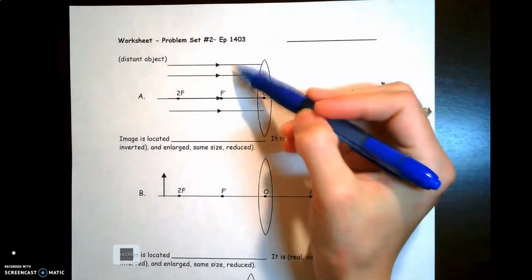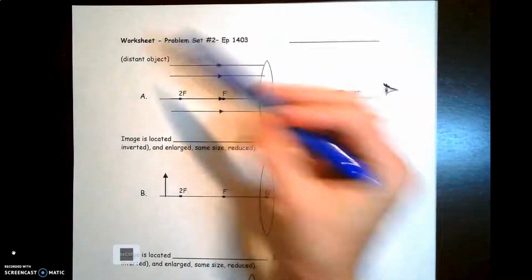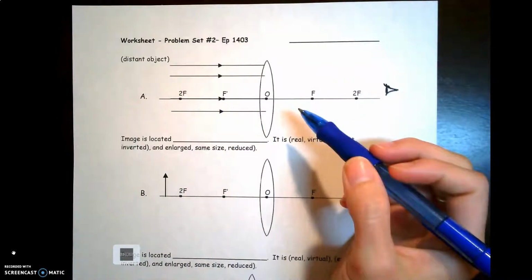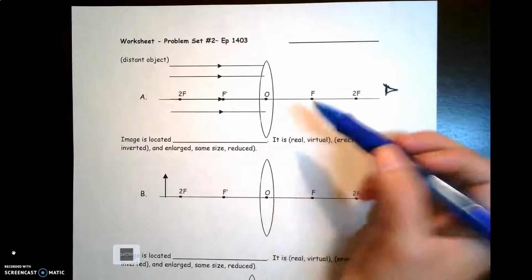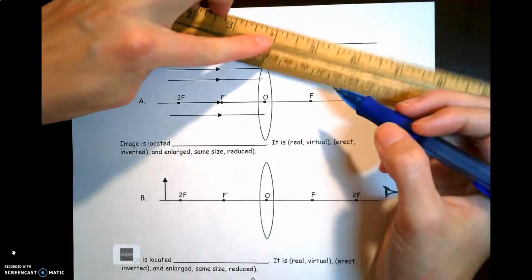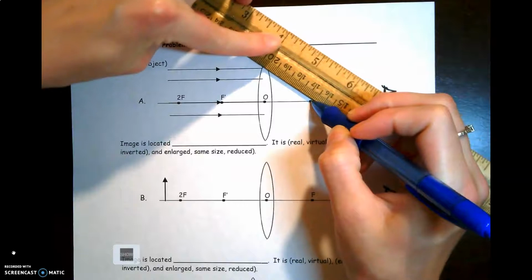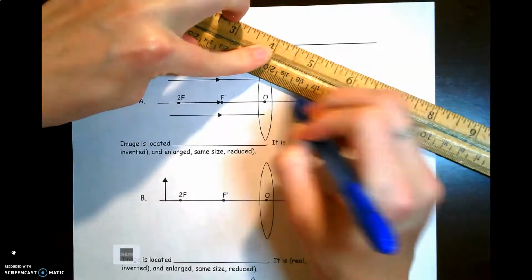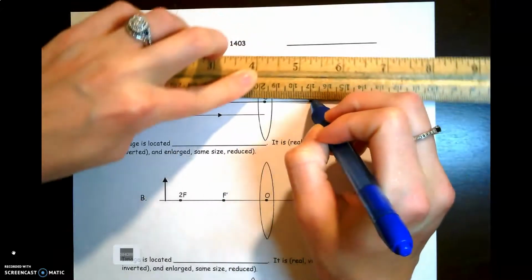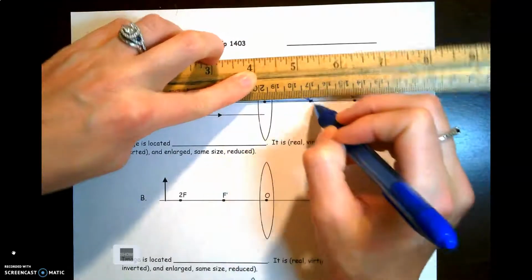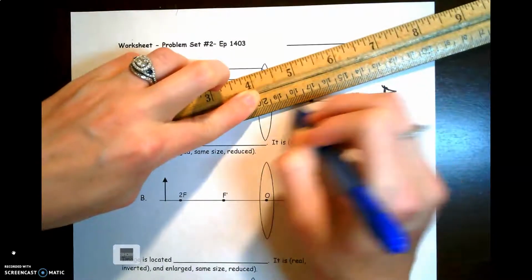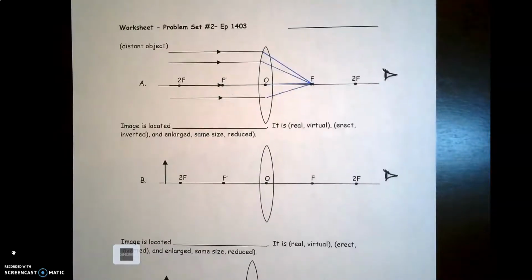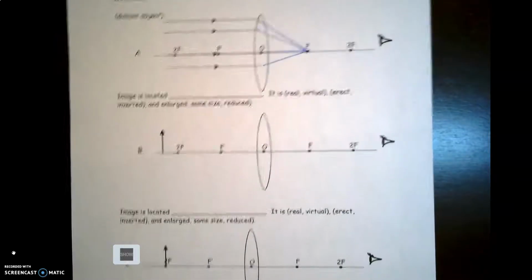All the lines here are parallel to P because it says it's a distant object, and we know if the incident ray is parallel to P, it's going to go through the lens at F. So all of the lines will converge at F, and essentially no image will be seen, but you will not be seeing that on an assessment. But that is how all the rays interact with that lens.